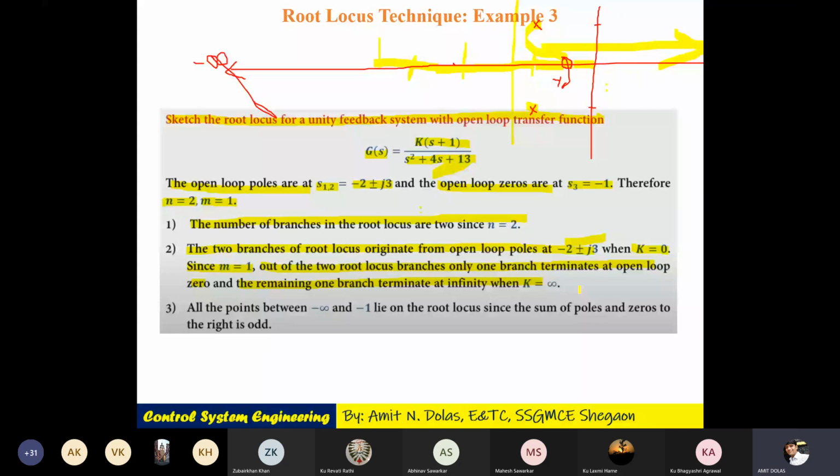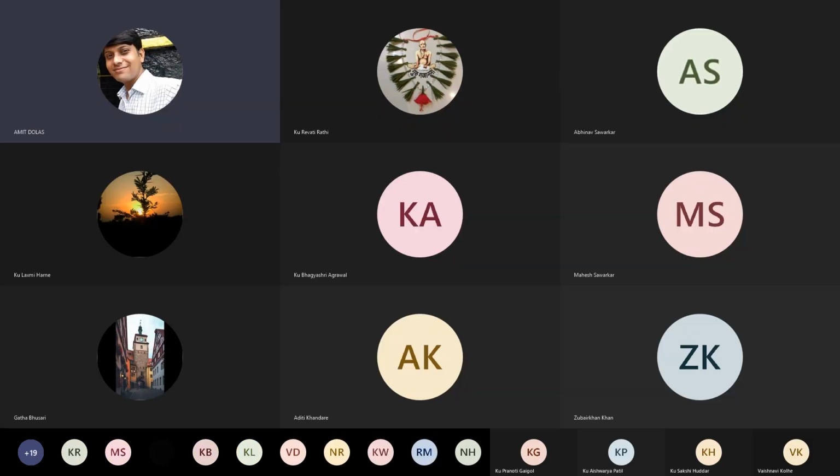Since how long is it happening? Because I'm out of station and using another device, I already mentioned this earlier. So please convey to me if there is some technical problem with the PPT or sound. So I'll disconnect it and share it again.